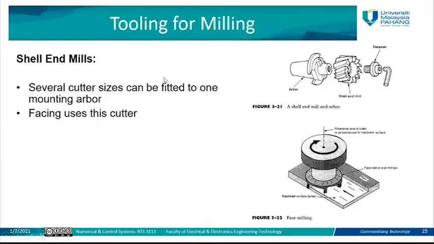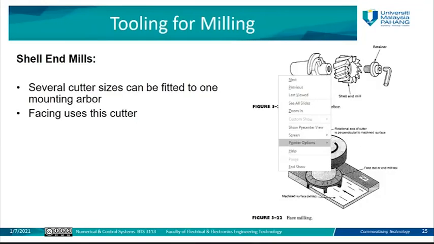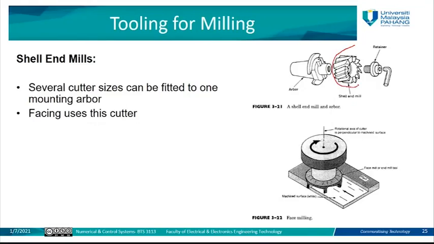The second is the shell end mill, as you can see here. This is the shell end mill, and it will be fixed on the spindle terminal to do milling on the surface of the part. As you can see here, this workpiece has a flat surface.